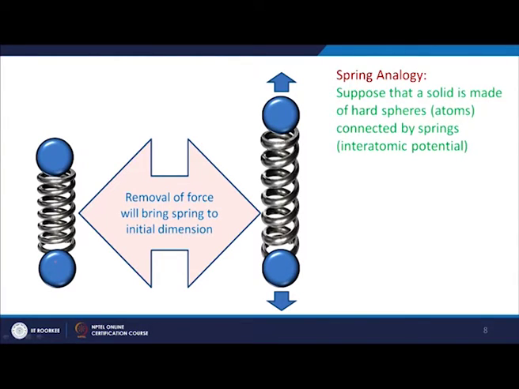So, removal of force will bring the spring to its initial dimension. I can use a spring analogy to explain this: a solid is made of hard spheres which are atoms, connected by springs which are interatomic forces or potential, and as soon as I remove the force, it will go back to its original position.